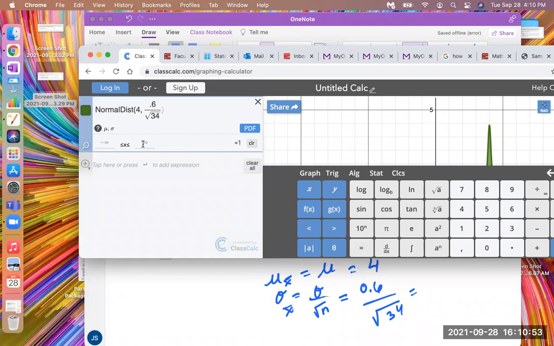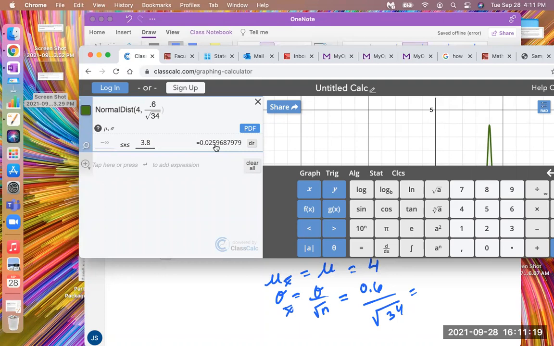Any number less than 3.8, so the large number here is 3.8. Any number like 3.8, 2.8, 3, 2, 1.8, all the way down to negative infinity, is what we need to be calculating. So there's our answer, 0.0259.